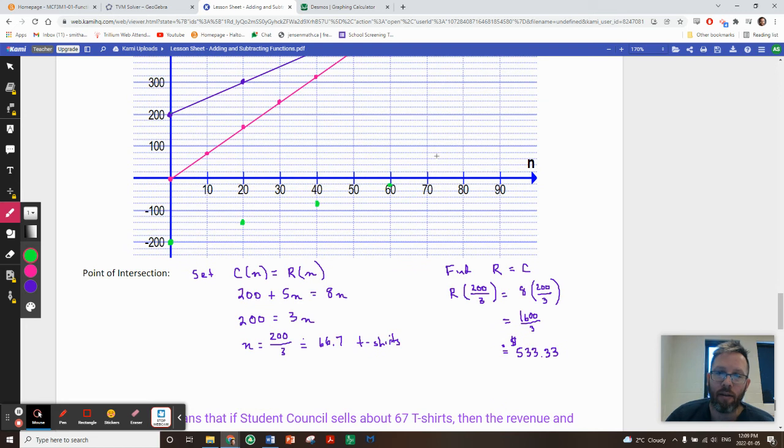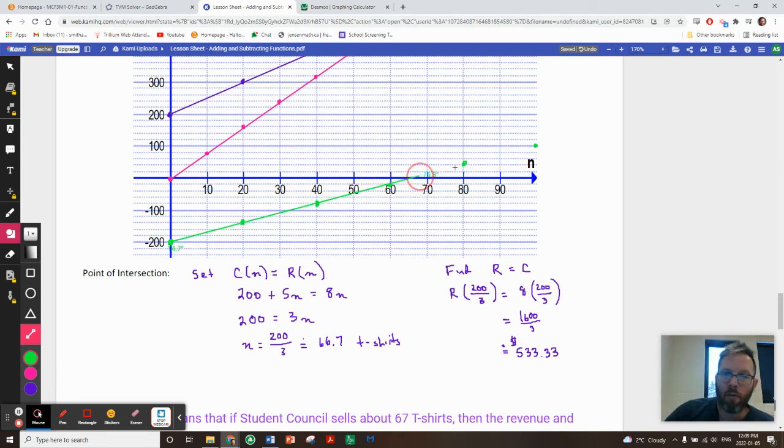So that's actually an easy rule to use. Over 20 more, we're going to go up 60 more. I can do one more over here and here. I'll get my straight line tool. Use my mouse for that. There we go. And this is our profit function.